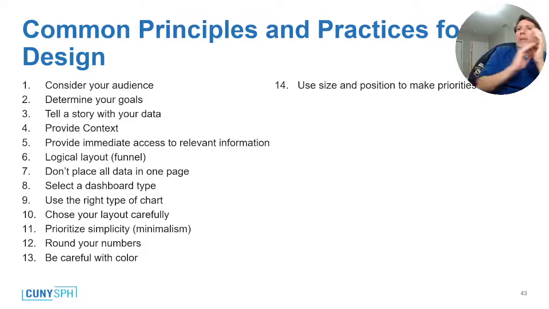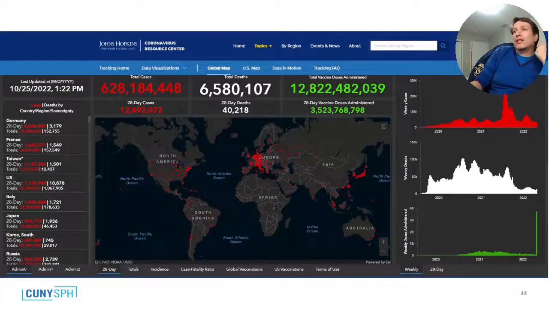The fourth principle or practice is to use size and position to make priorities. Remember that we already have the layout, and then we can exploit the layout and the size to make things more apparent and grab attention.